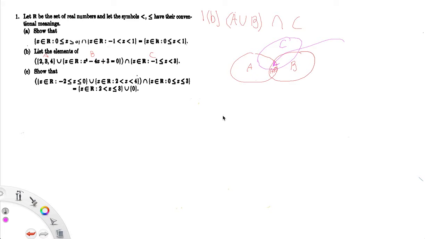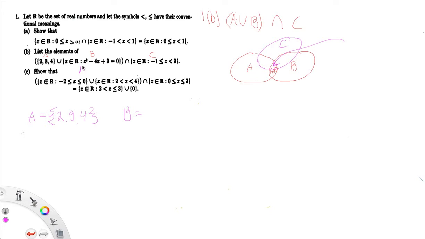Okay, so A is equal to the set containing 2, 3, and 4. B is the set, and I didn't go over this notation in the last video, but let's go over it now. All x that are elements of the real numbers, such that, usually the semicolon in this set notation means such that, or sometimes you might see a straight line like this.